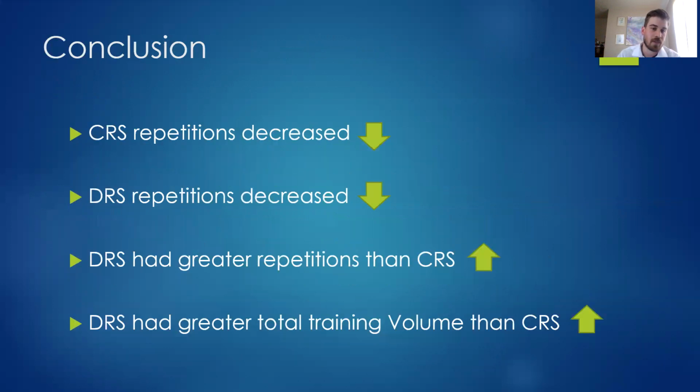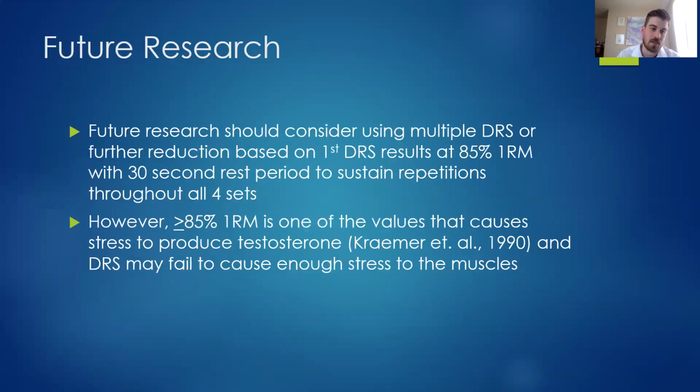So in conclusion, constant resistance sets repetitions decreased, and so did descending resistance sets repetitions. But descending resistance sets had greater repetitions than constant resistance sets, and descending resistance had greater total training volume than constant resistance sets.